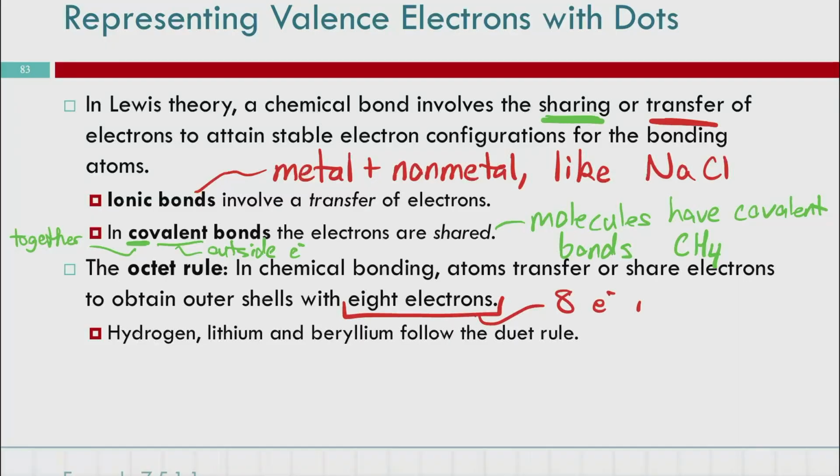So 8 electrons is the goal. When an atom gets 8 electrons, either by sharing or by taking or by giving away electrons, then we consider it to be happy or stable, or it's not going to do anything else.